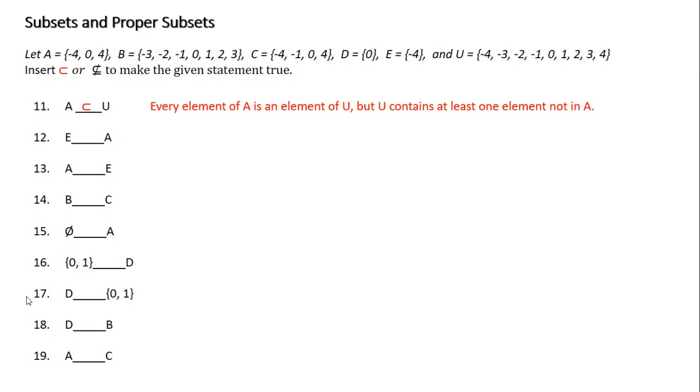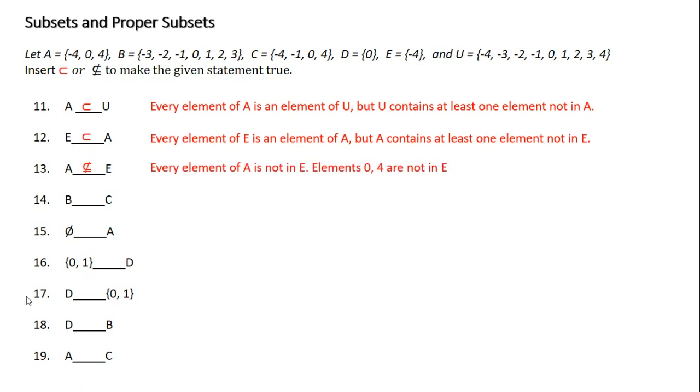E is just one element, -4, and A is -4, 0, 4. So again, this is the same thing. This is a proper subset because A contains more elements than what E contains. How about 13? A and E. A is not a subset of E, because the elements 0 and 4 are not in E.